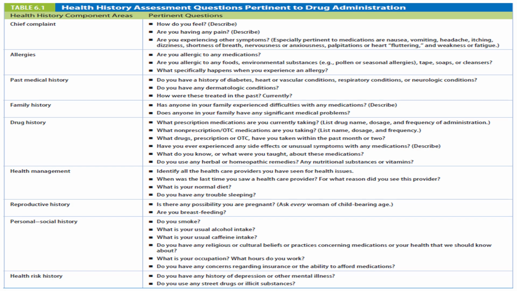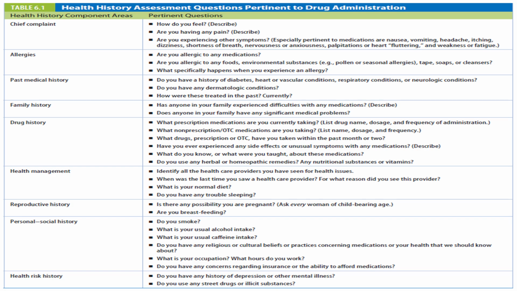Along with the health history, a physical assessment is completed to gather objective data on the patient's condition. The nurse may obtain vital signs, weight, height, a head-to-toe physical assessment, and laboratory specimens.